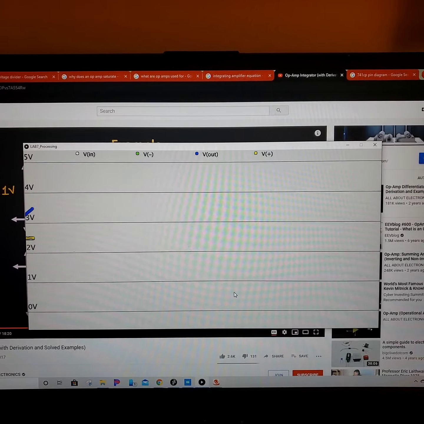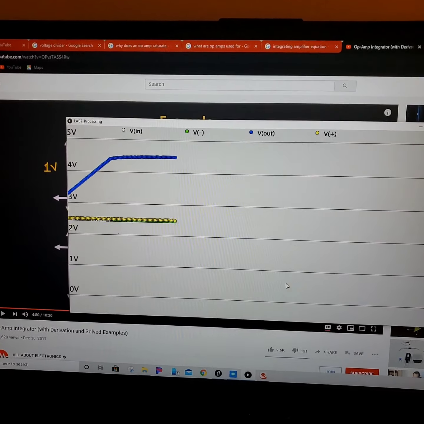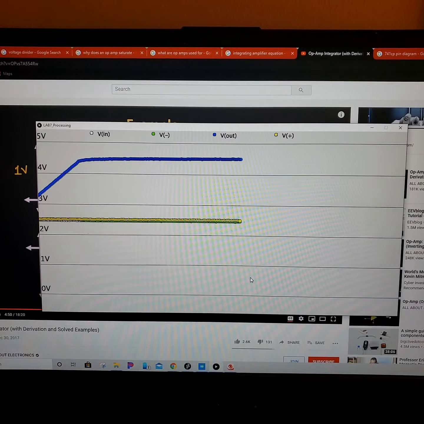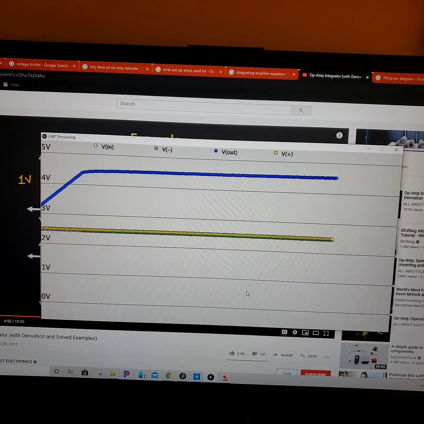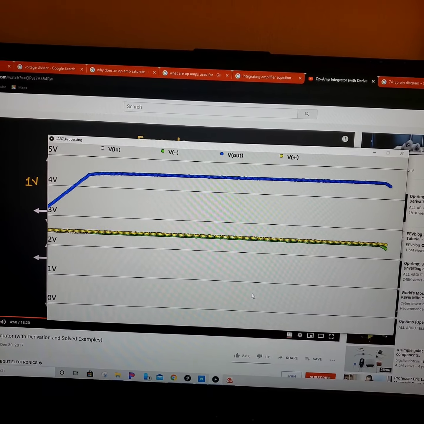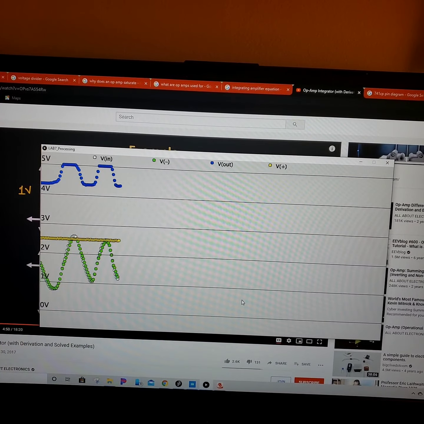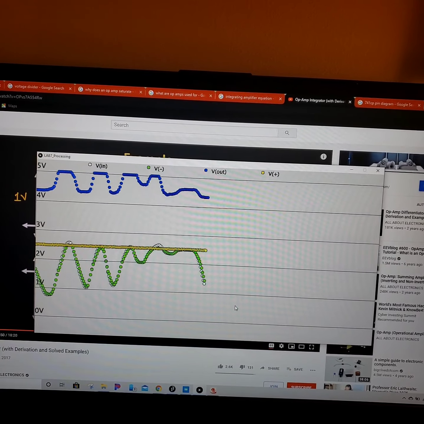Alright, so I stopped touching it, and you see that we get a positive slope all the way up to the saturation point, which helps solidify the fact that the output voltage is the integral of the input voltage. And let's get a full scale range for this circuit. Yeah, as you can see, with small changes, you get pretty big dips.